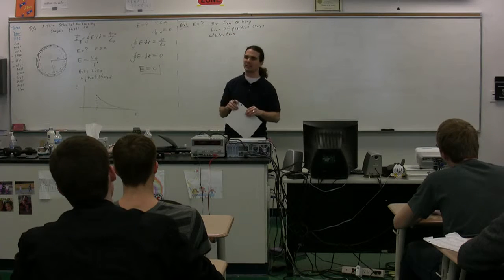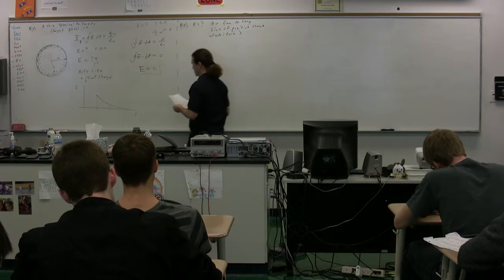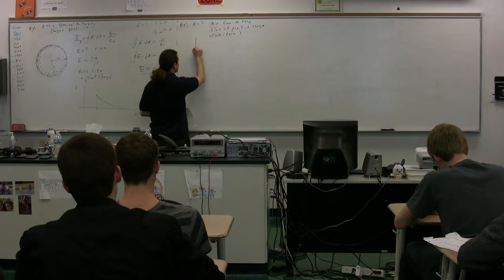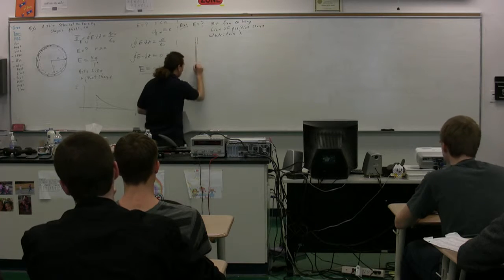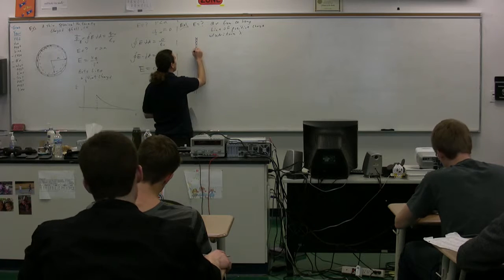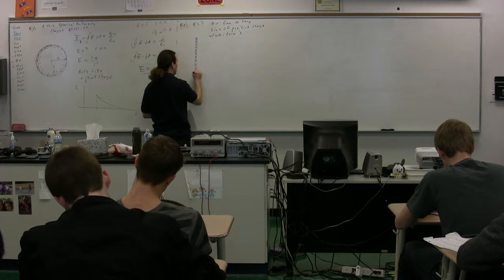What is the symbol for linear charge density? Nitish? Lambda. So we have an infinitely long line of charges. Basically, it's a charged wire. As of yet, those charges are not moving, because we just have a bunch of positive charges on the wire.